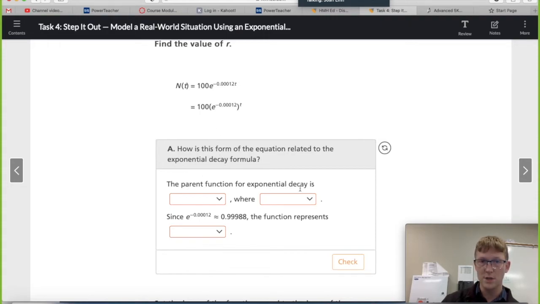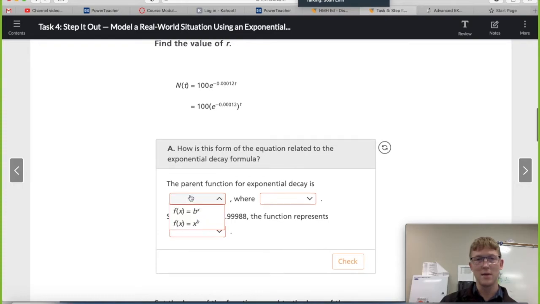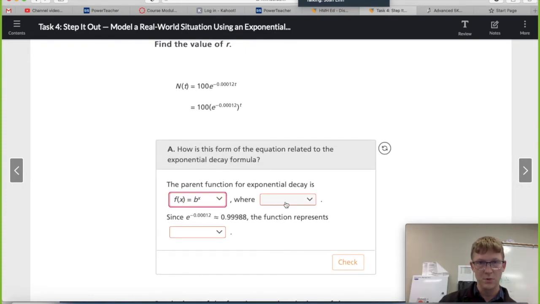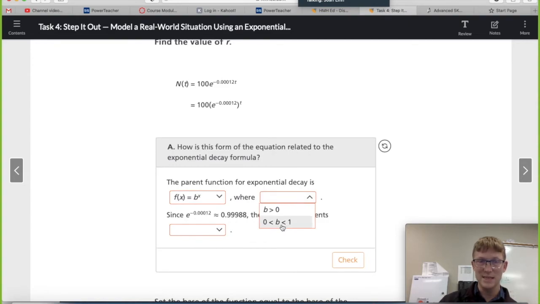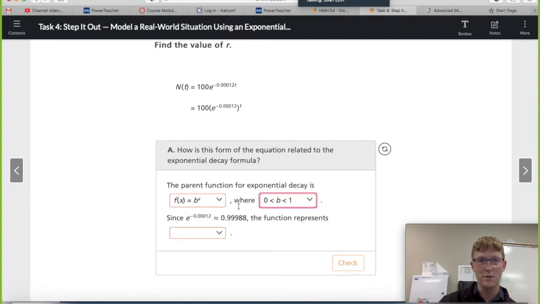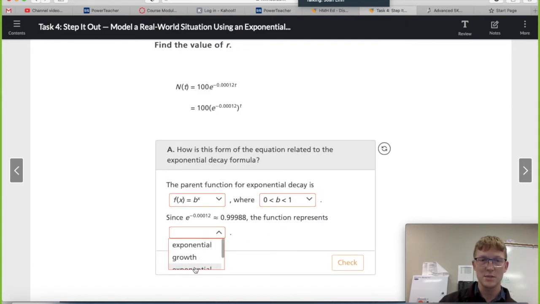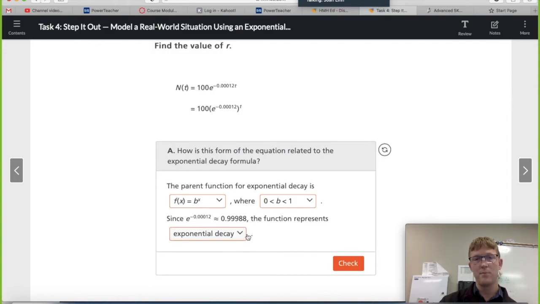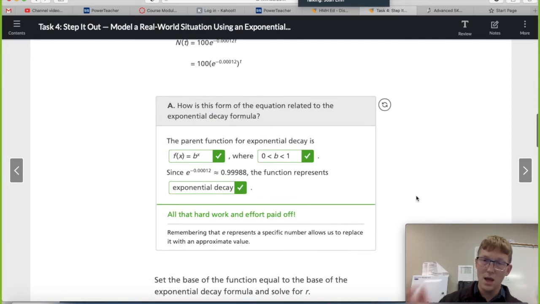So the parent function for exponential decay is b to the power of x, where b is in between 0 and 1. So since e to the negative that number is 0.999988, whatever, it is exponential decay because that is less than 1. Yay!